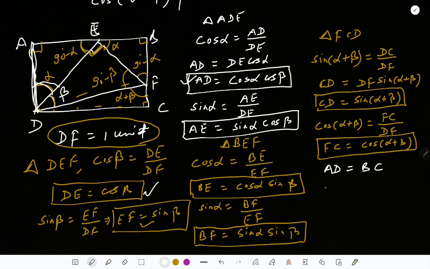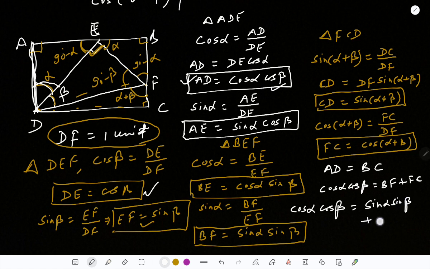And AD is cos alpha cos beta, from here. And BC is nothing but BF plus FC if you see the picture, and we have values of BF and FC both. BF is sine alpha sine beta, so I'm writing again that we have cos alpha cos beta equals BF, that is sine alpha sine beta, plus FC, that is cos alpha plus beta.